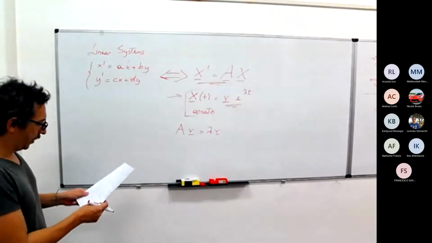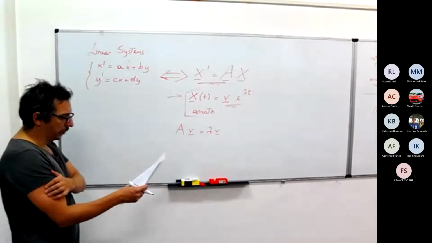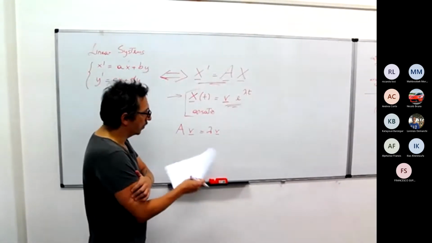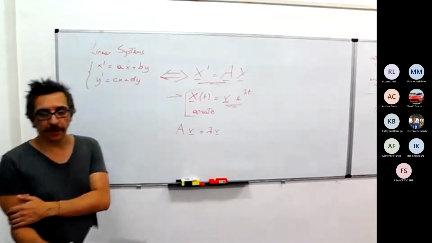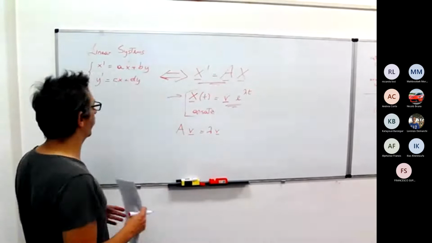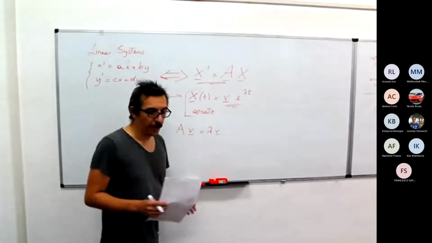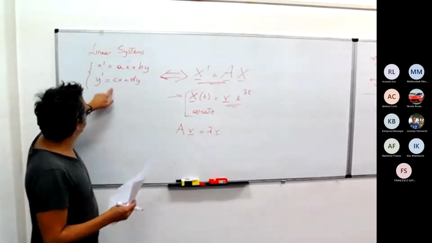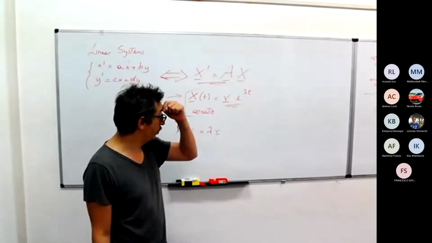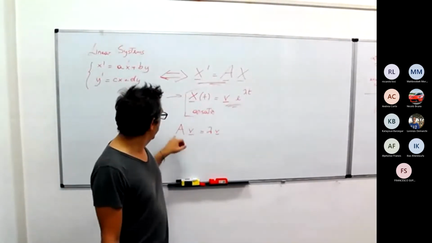All right. So we are lucky enough because our problems are two-dimensional problems. Since the problem is two-dimensional, we know that this matrix A is a 2x2 matrix.